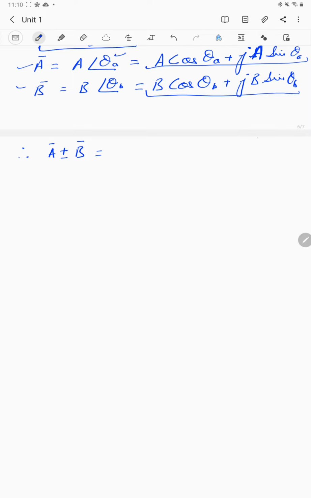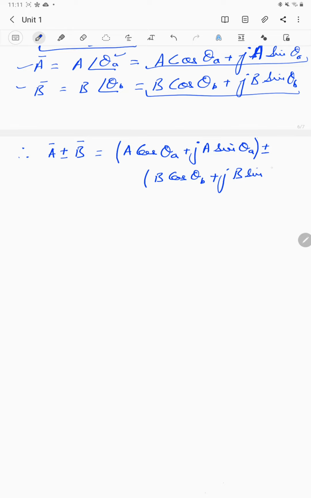A is A cos theta A plus j A sin theta A. Okay, so plus or minus of that, we are just writing plus or minus B. Now we are writing B over here, B cos theta B plus j B sin theta B. Okay, you can write it like this.